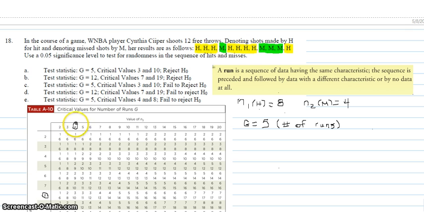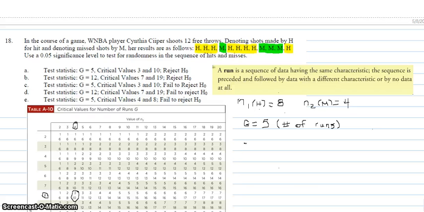Now we need to follow our finger along, and 8 and 4 are right here. So that is how we find the critical values. And again, that is table A10. So we now have found our critical values. Those are 3 and 10.